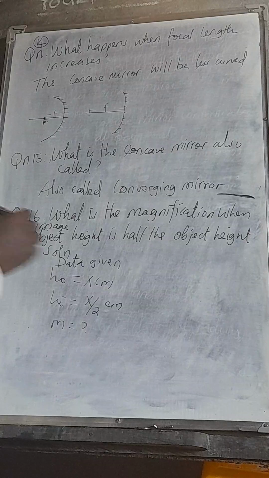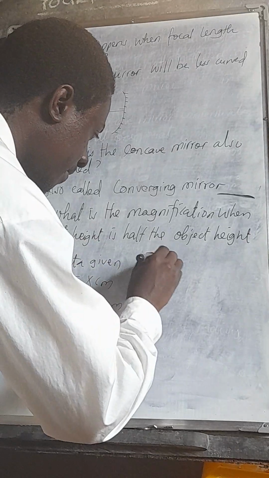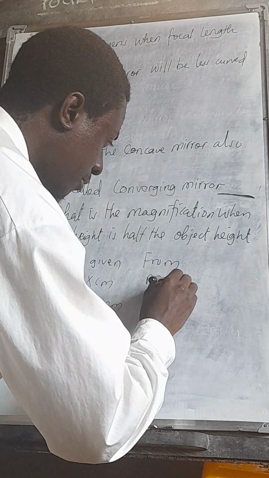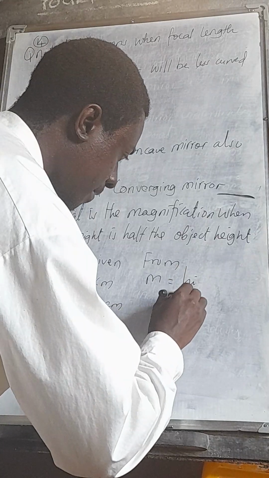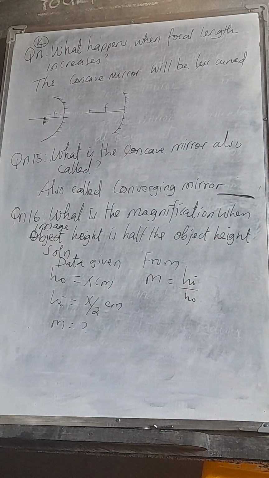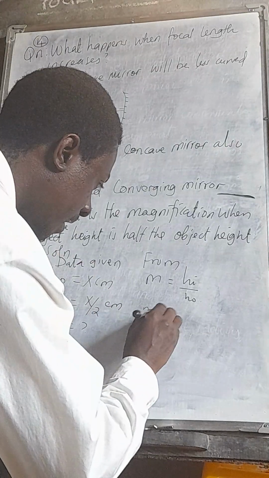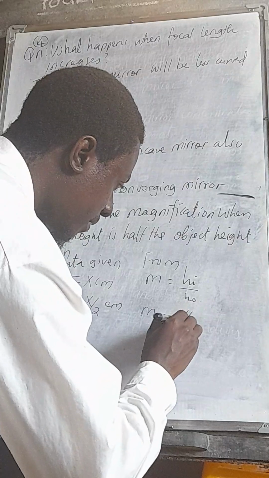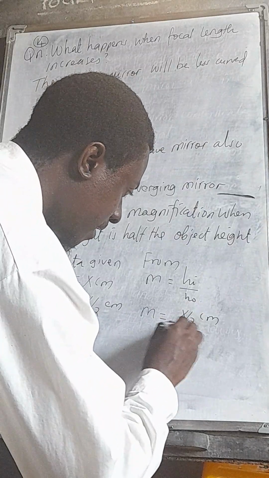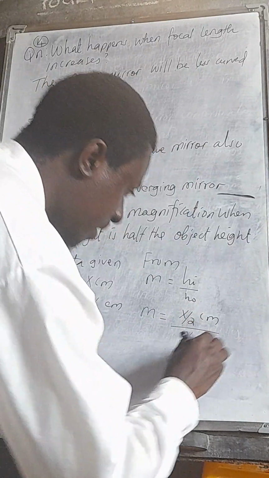We know the magnification from the formula: magnification is equal to image height over object height. So you may see now magnification is equal to x over 2 centimeter over x centimeter.